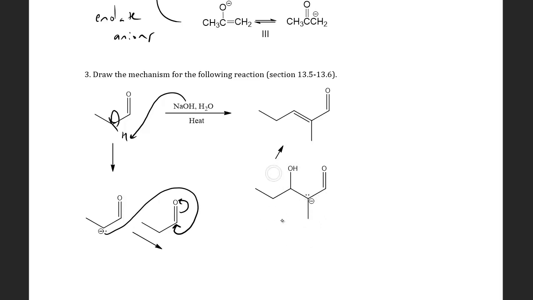So for this reaction, two different things happened. We converted our oxygen with a negative charge, we protonated it, and we also deprotonated this. So I need to ignore those two things, but just look at the overall structure of this compound. What we attacked is what will form an alcohol functional group. So what we attacked is that carbon right there.